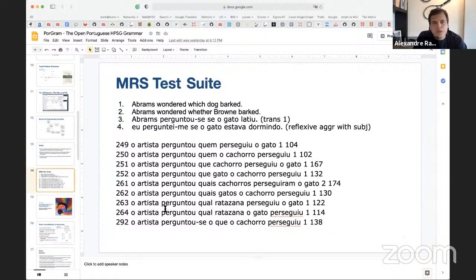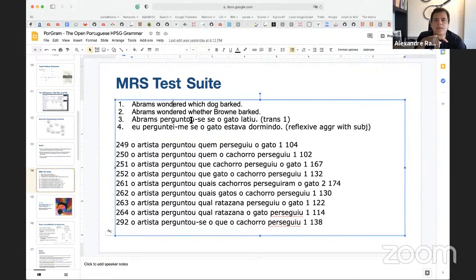Using a test suite and translating the test suite to Portuguese brings us some challenges, right? For example, we have phenomena that, when we translate, have a more complicated structure than in the original sentence. Here, for example, "wondering" in English is realized as a reflexive particle attached to a verb: "Abraham perguntou-se se o gato latiu."